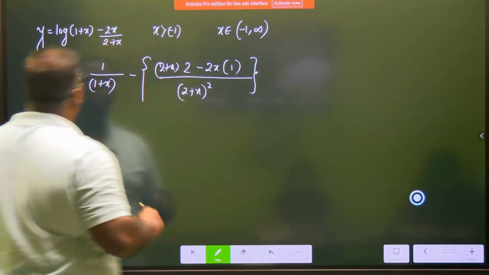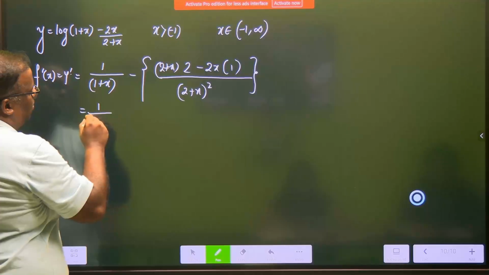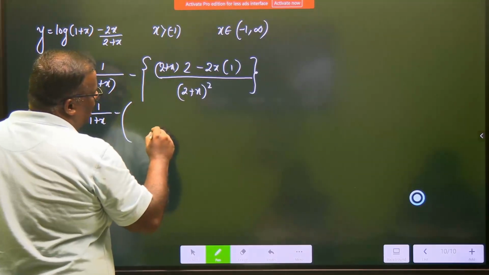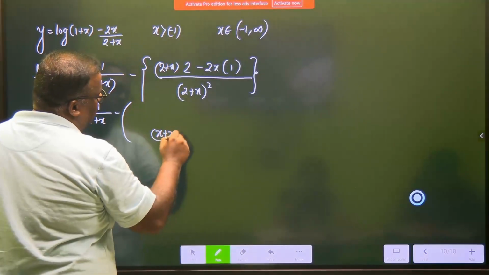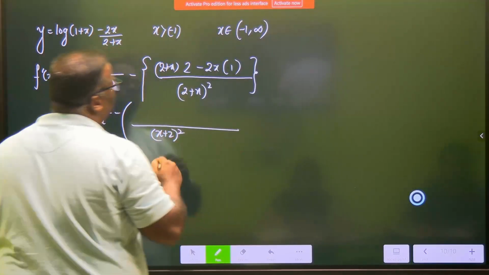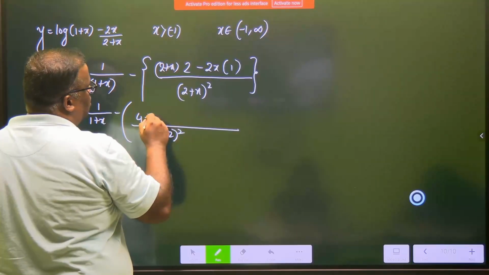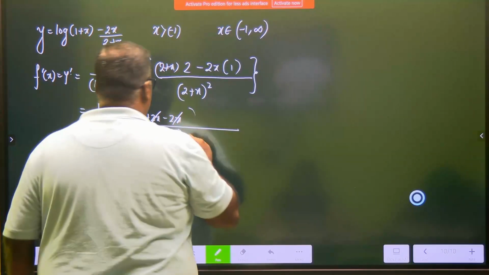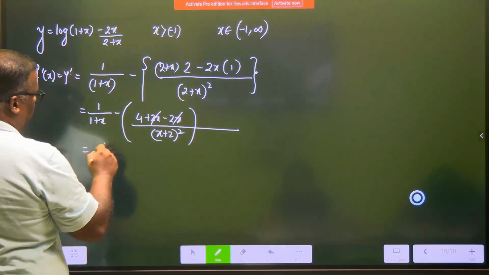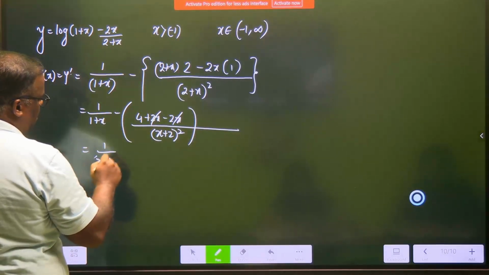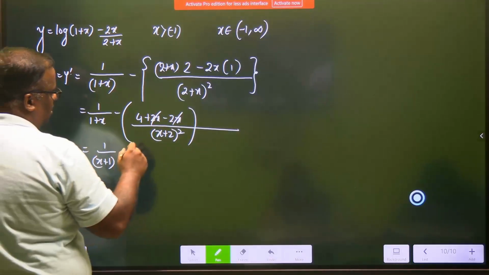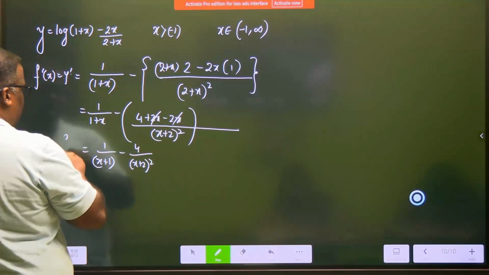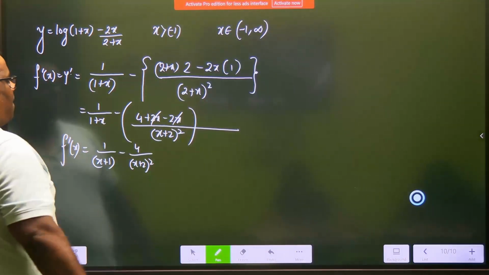Clear? So this becomes 1 by 1 plus x minus, I can write this as x plus 2 whole square, and this becomes 4 plus 2x minus 2x. So 2x gone. So finally I have 1 by x plus 1 minus 4 by x plus 2 whole square. This is f dash x.